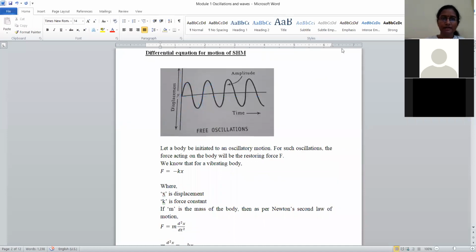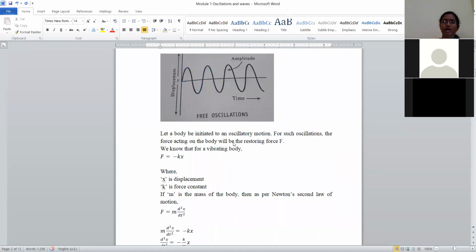So now for this simple harmonic motion, what is the differential equation? We consider a body in oscillatory motion, and for such oscillations, the force acting on the body will be a restoring force. It is given by F equals minus k x, where x is displacement and k is called the force constant.